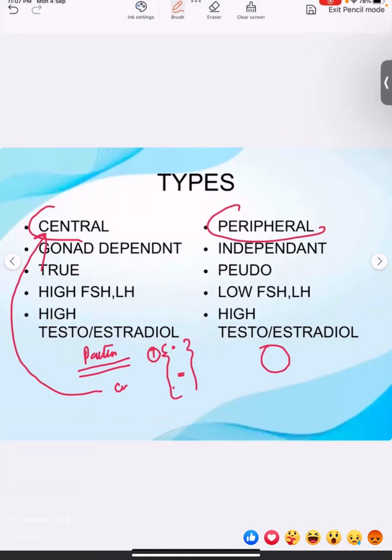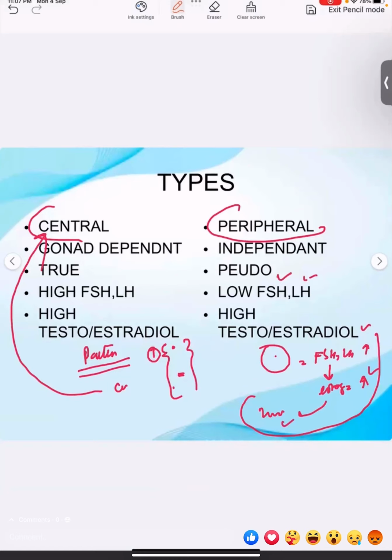Whenever there is central precocious puberty, we will first of all check the FSH and LH levels. If they are increased, they produce estrogen, which is also increased, and secondary sexual characteristics are present. This is central, so in central everything is increased. Likewise in the male.